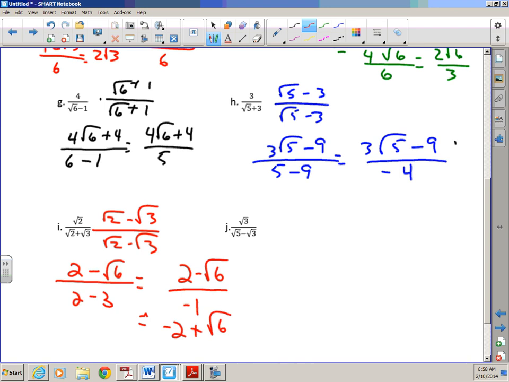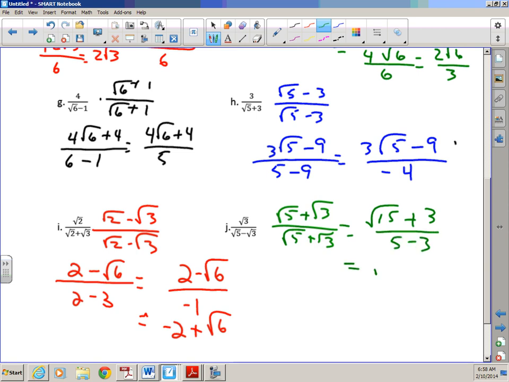It's up to you. And then finally, I'm going to multiply by radical 5 plus radical 3. I get radical 15 plus 3 over 5 minus 3, radical 15 plus 3 over 2.